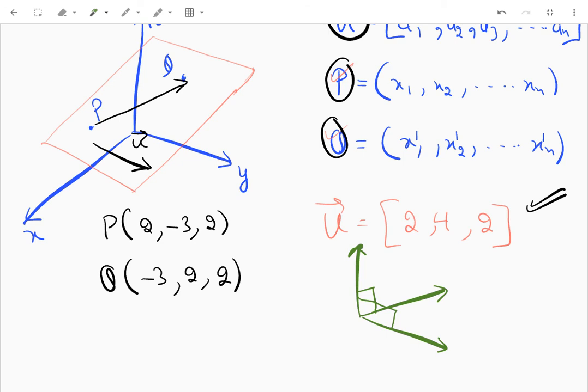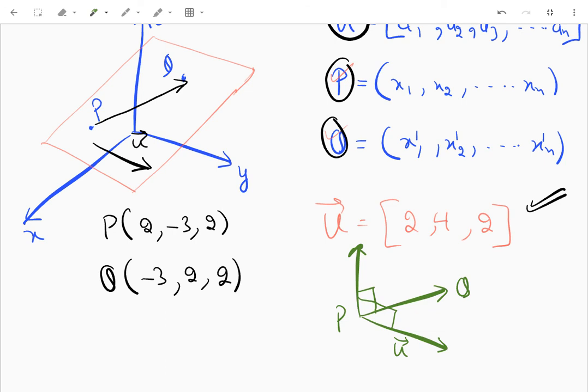We will take this as P, this as Q, or you can take QP, does not matter. So this will be our first vector, and then this vector U will be our second vector. And from here, we can find our third vector in upward direction.